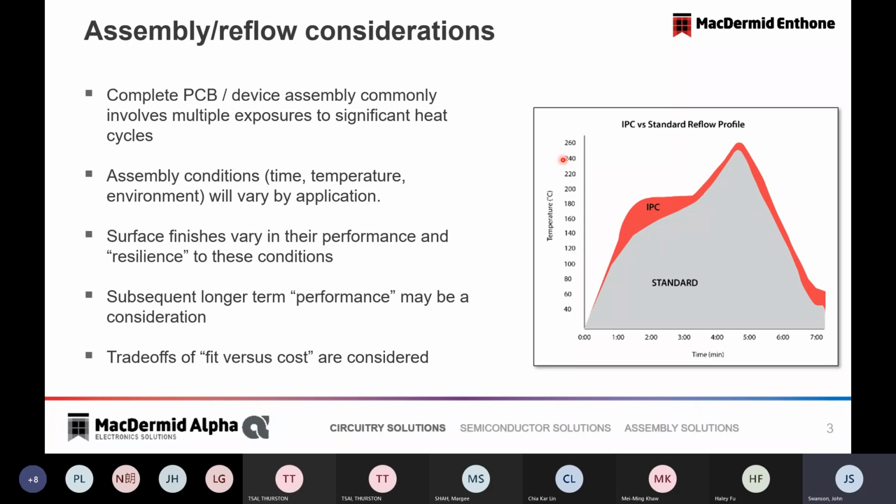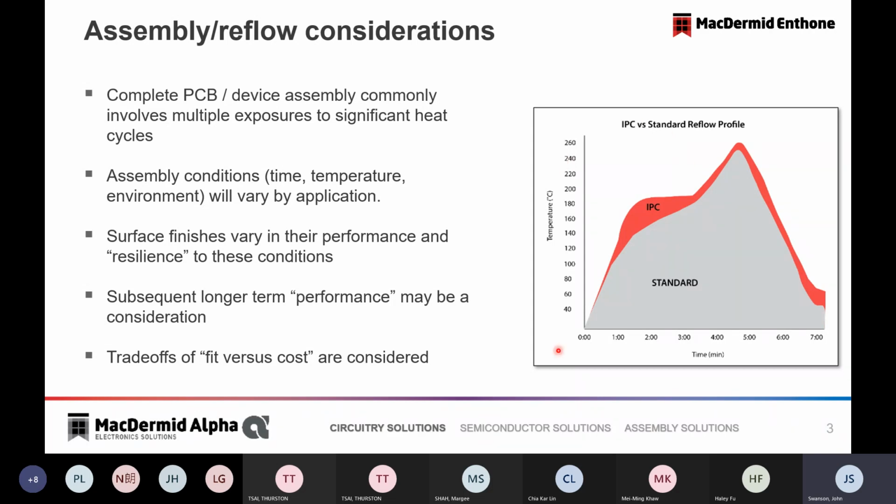When you consider a surface finish, before we begin talking about the surface finishes, we want to just simply mention that the assembly operation is something important to consider when you think about what surface finish might be the best choice for your application.